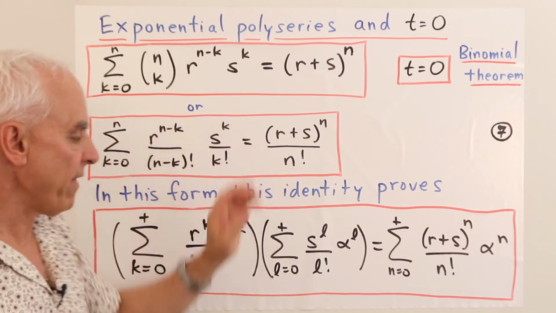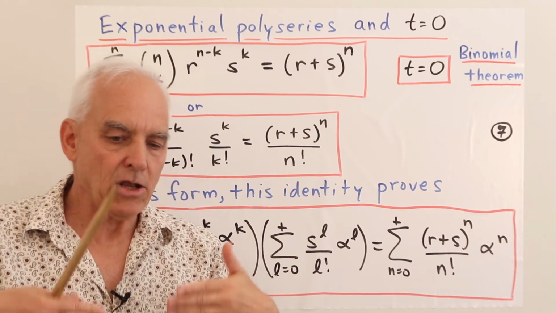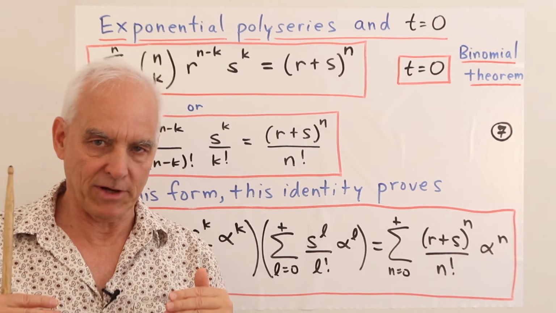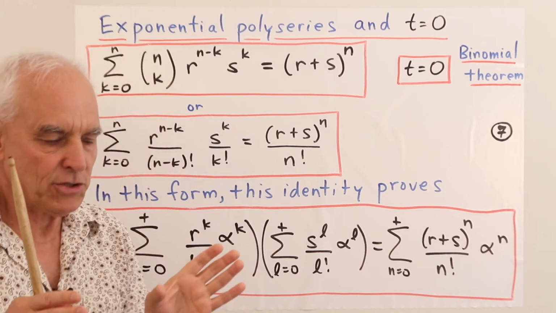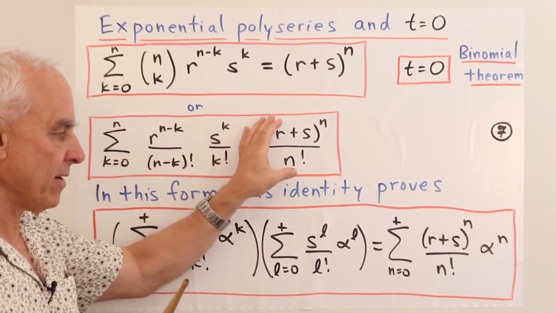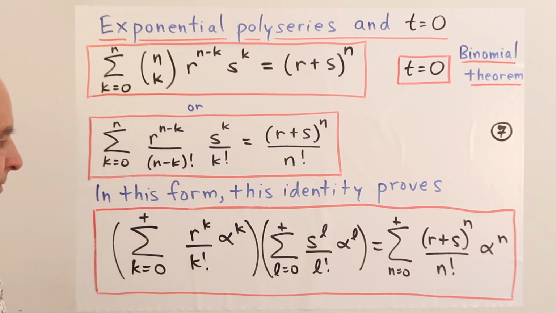But once we've done that, it makes it very easy to see what the analog should be in this case of the Newton polyseries. Okay? So we want to find the series for which this is the key point that proves an identity exactly of this form.